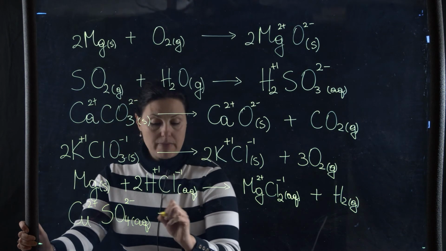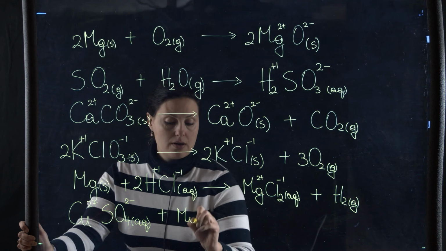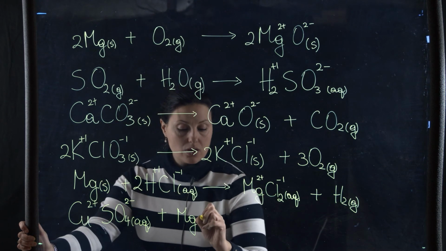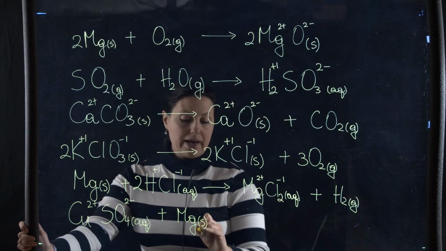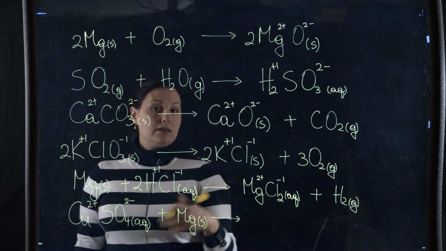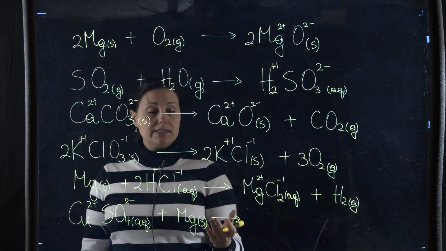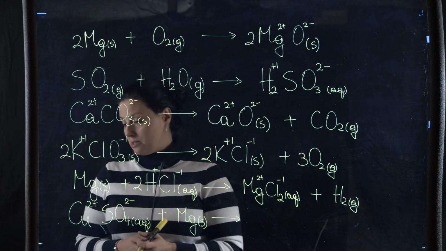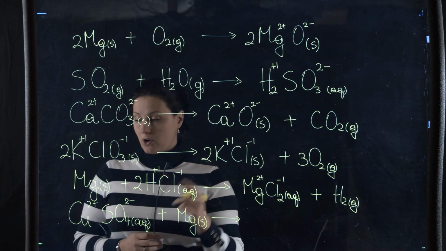It reacts with magnesium metal. Anytime you read metal, that will mean magnesium by itself in the solid form. All metals are solids in their neutral form as just elements by themselves, except for mercury.